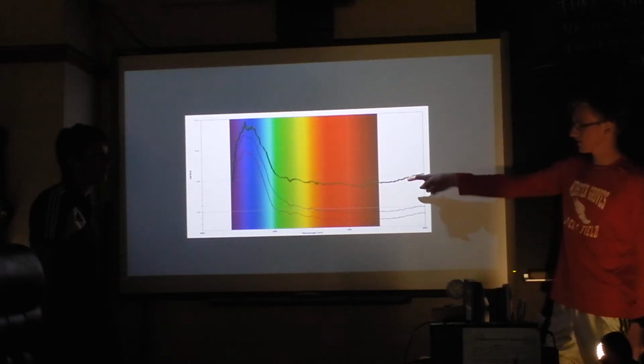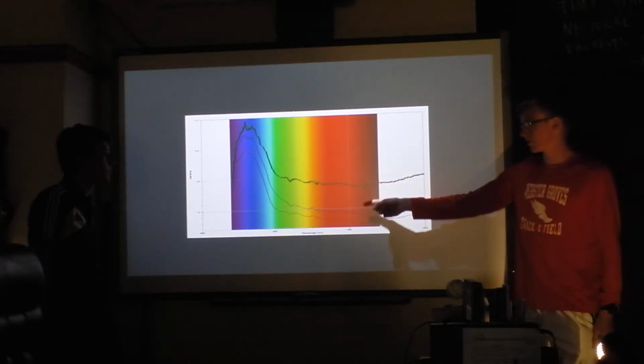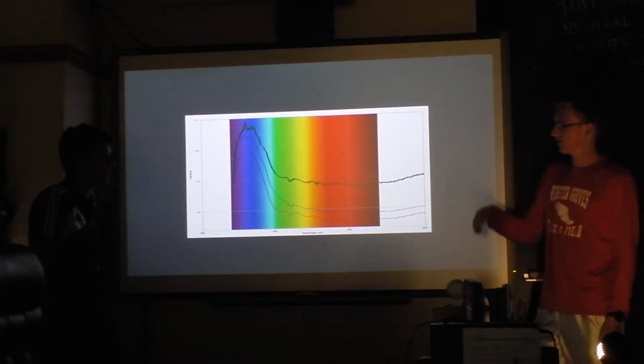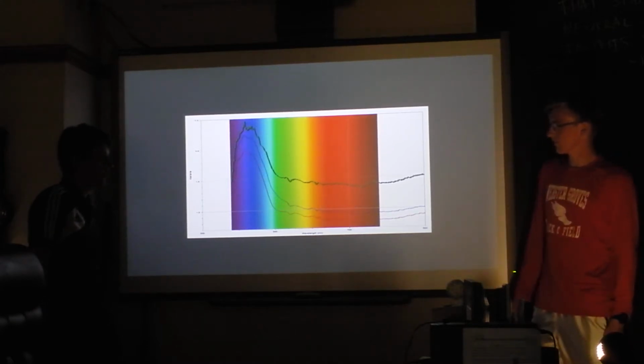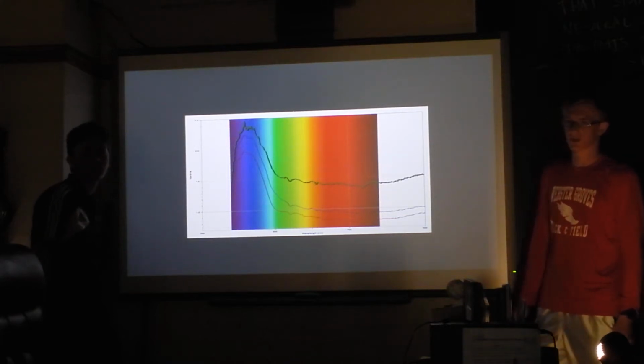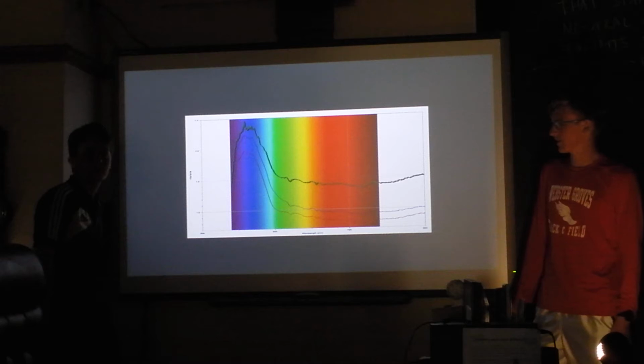And so as you can see here, this is the same paper, but as the paper settles. And so we had to figure out some way to normalize the graphs because the absorbance was so dependent upon the concentration of the paper.